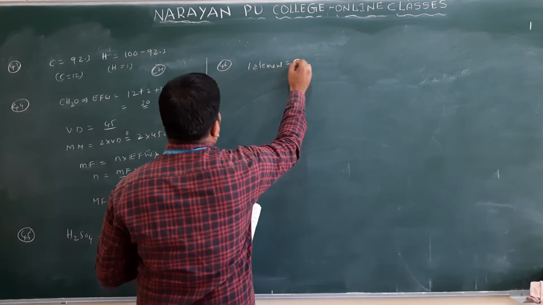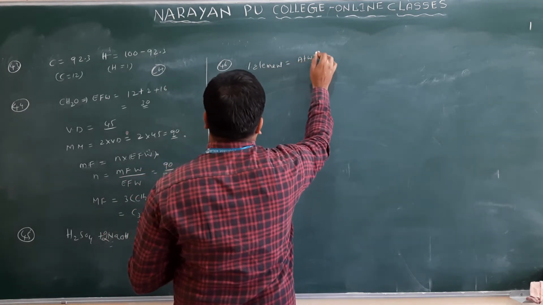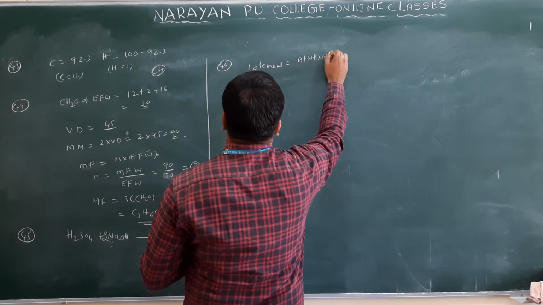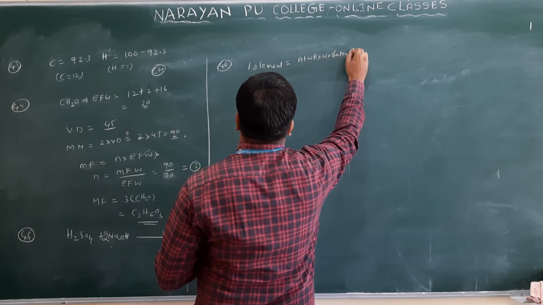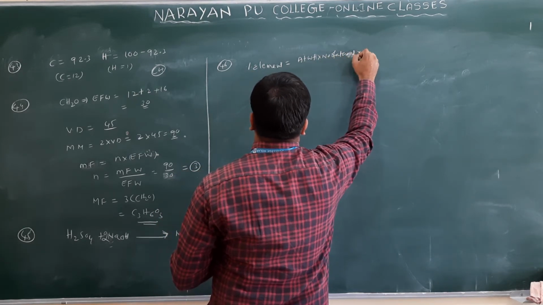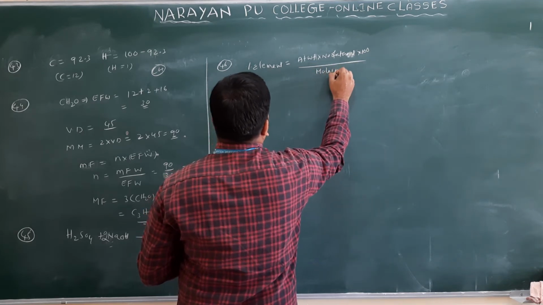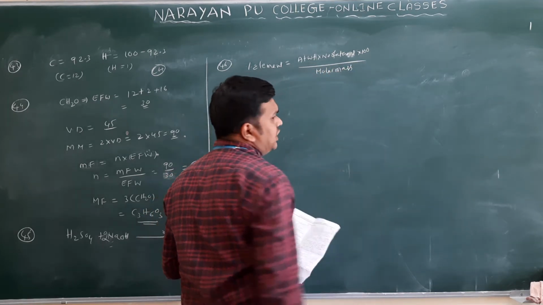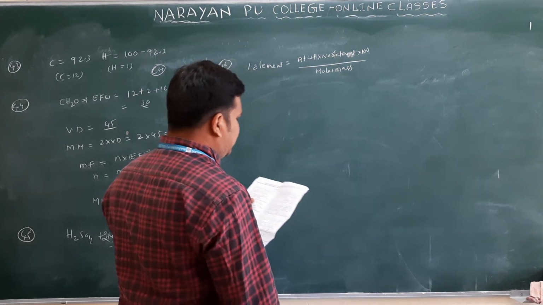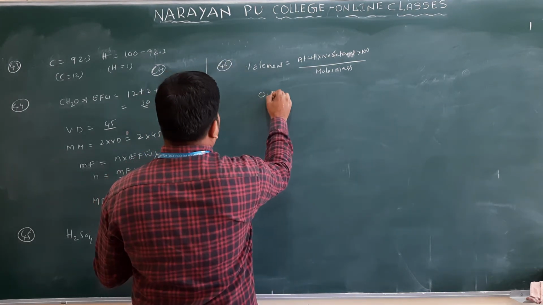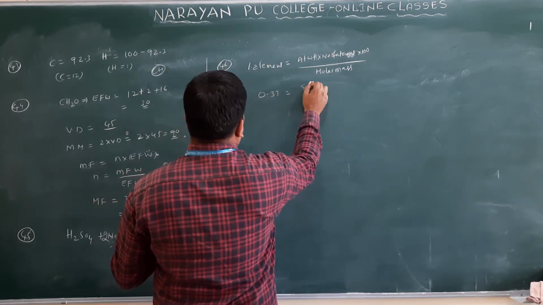Percentage of element is equal to atomic weight into number of atoms into 100 by molar mass. What is the percentage of iron given? That is 0.33. The atomic weight of iron is 56.